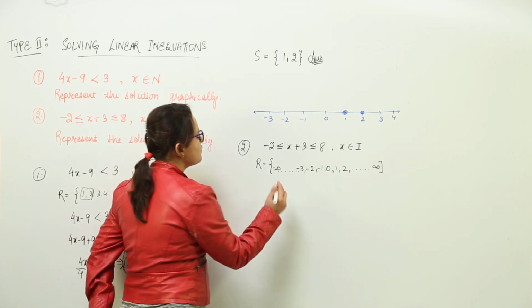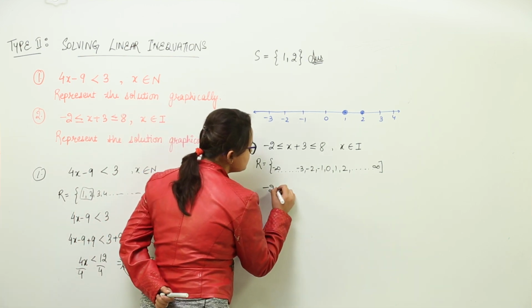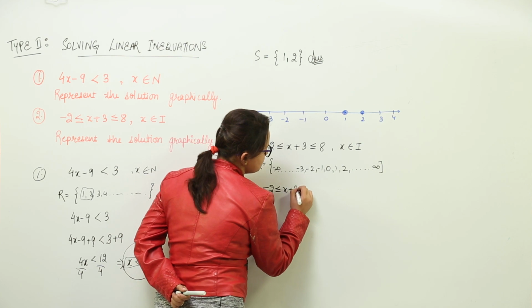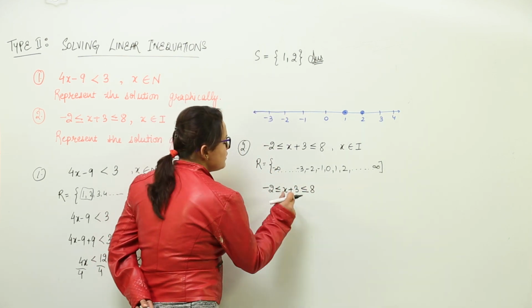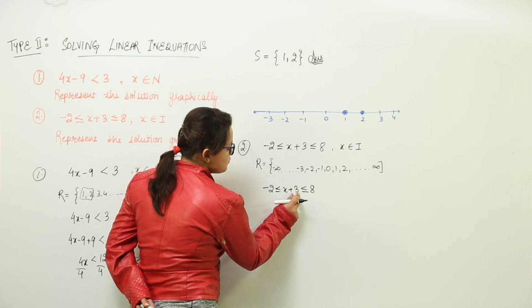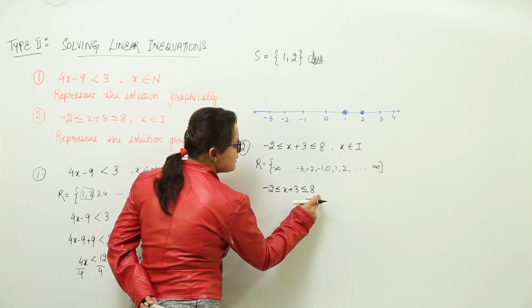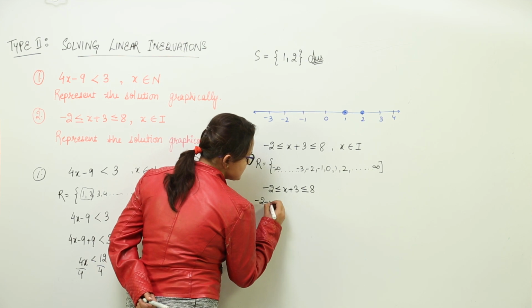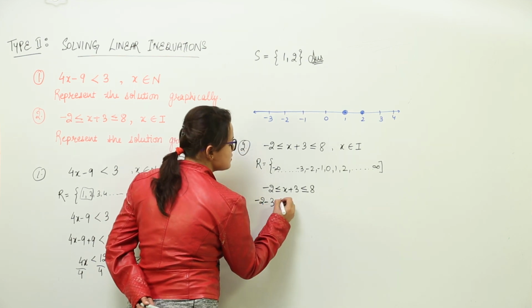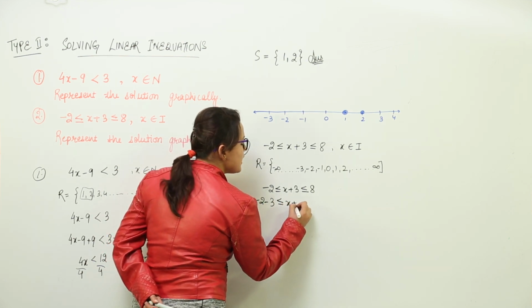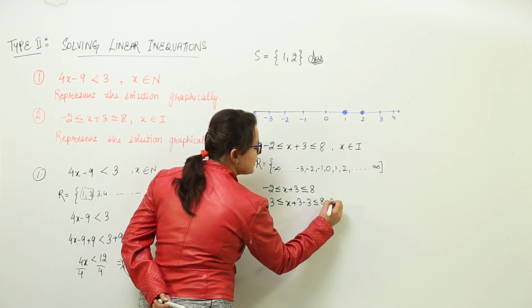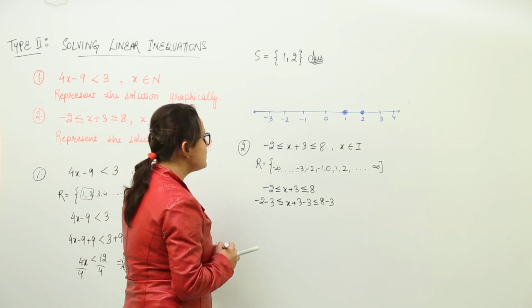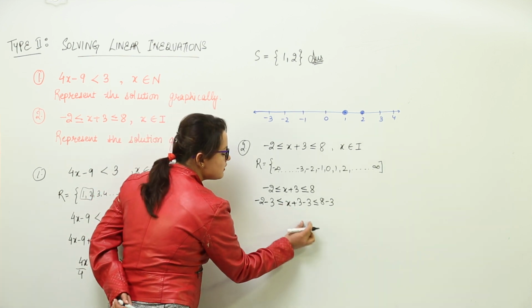Now let us start solving this. Minus 2 less than or equal to x plus 3 less than or equal to 8. We have to get rid of this 3, so we are going to subtract 3 from all the sides: minus 2 minus 3 less than or equal to x plus 3 minus 3 less than or equal to 8 minus 3. You can clearly see that the 3 and 3 get cancelled.